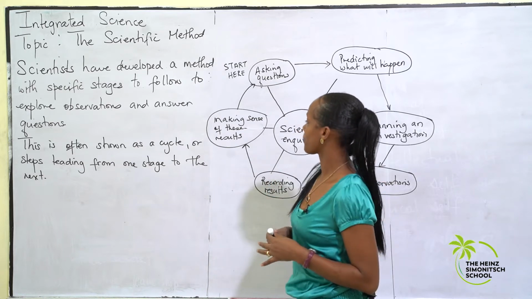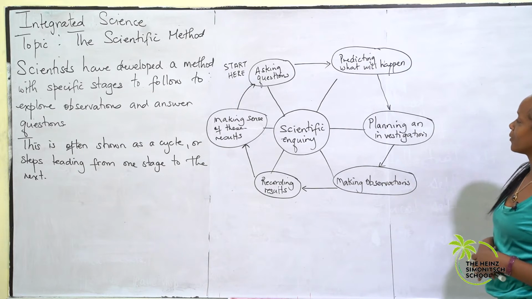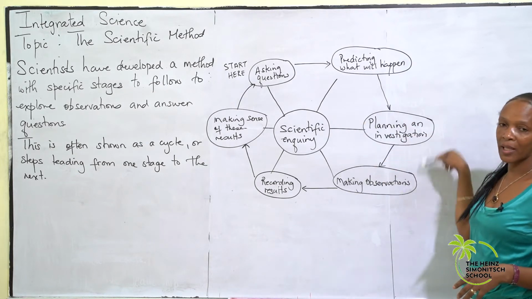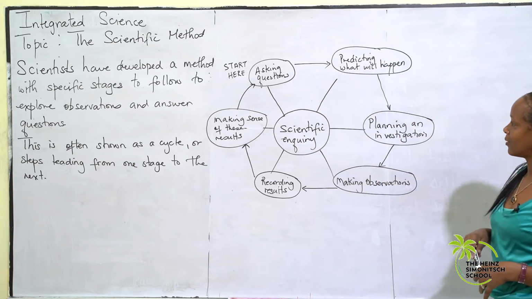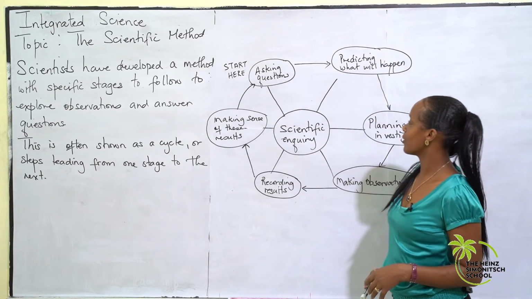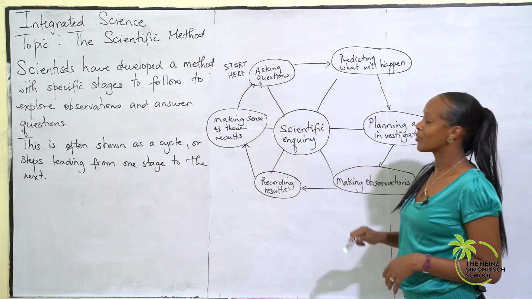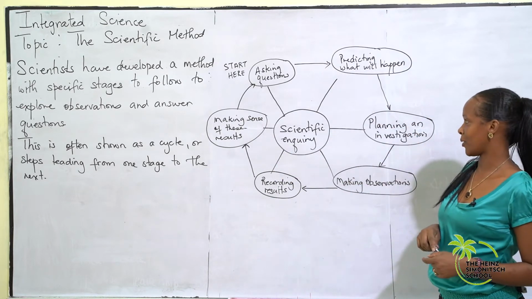All right? So looking at the board, it looks like a cycle. We have arrows going from one end to another. We have different things. So let's explore the scientific method.